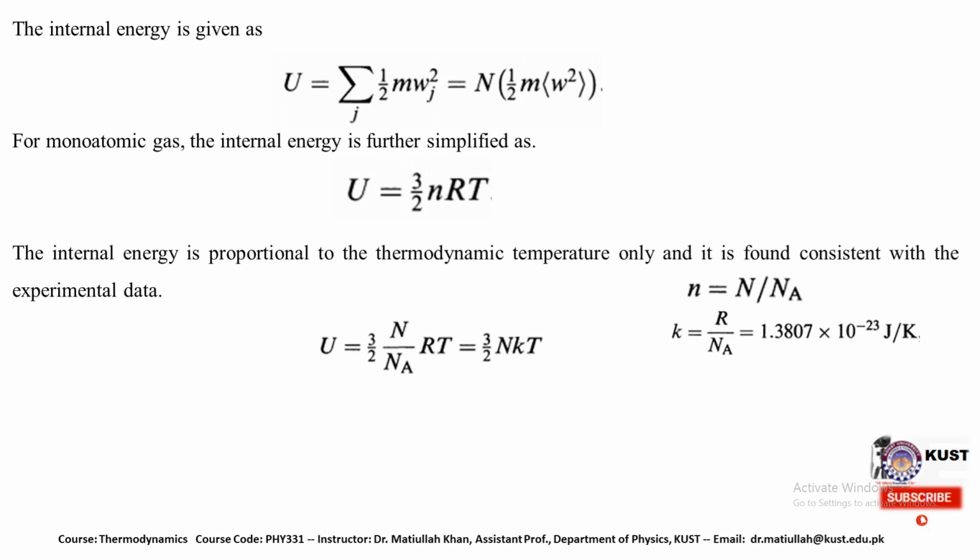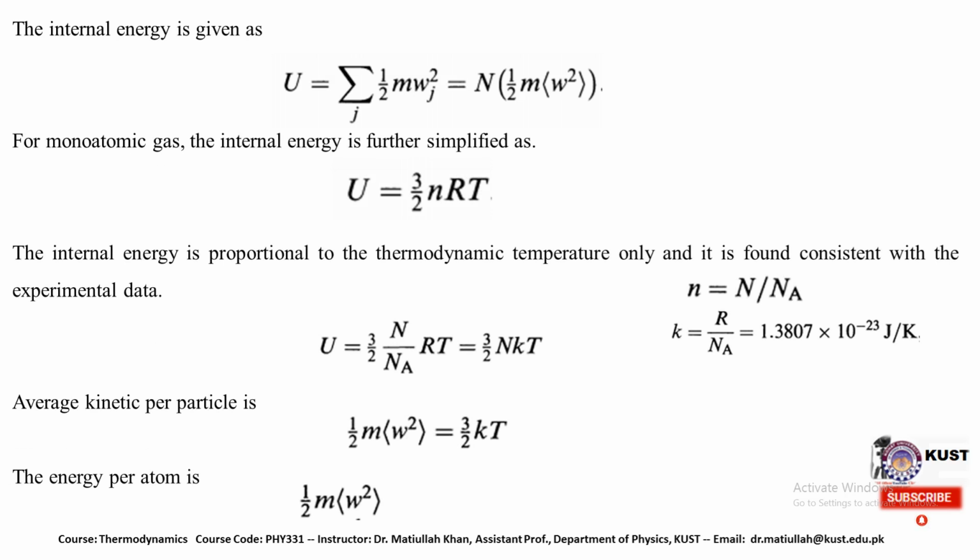From that ideal gas equation we developed the equation for the energy of the particles. The most important thing we obtain here is the equation U = 3/2 (N/Na) RT, which is further simplified to 3/2 nkT.